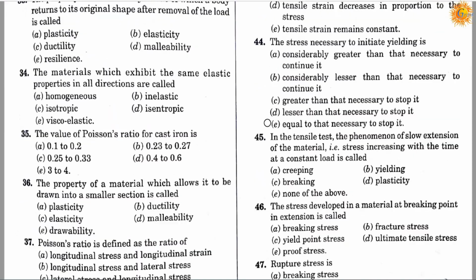Question number 44. The stress necessary to initiate yielding is: option A, considerably greater than that necessary to continue it; option B, considerably lesser than that necessary to continue it; option C, greater than that necessary to stop it; option D, lesser than that necessary to stop it; and option E, equal to that necessary to stop it.